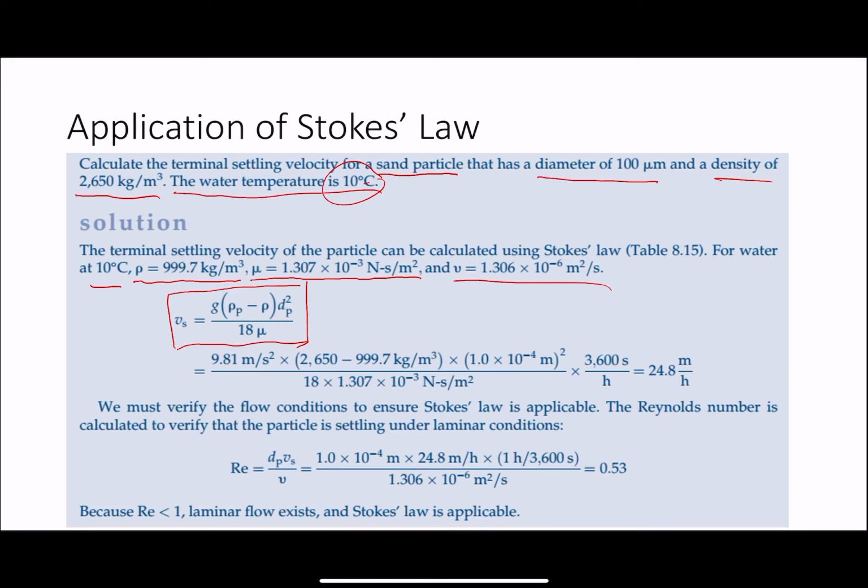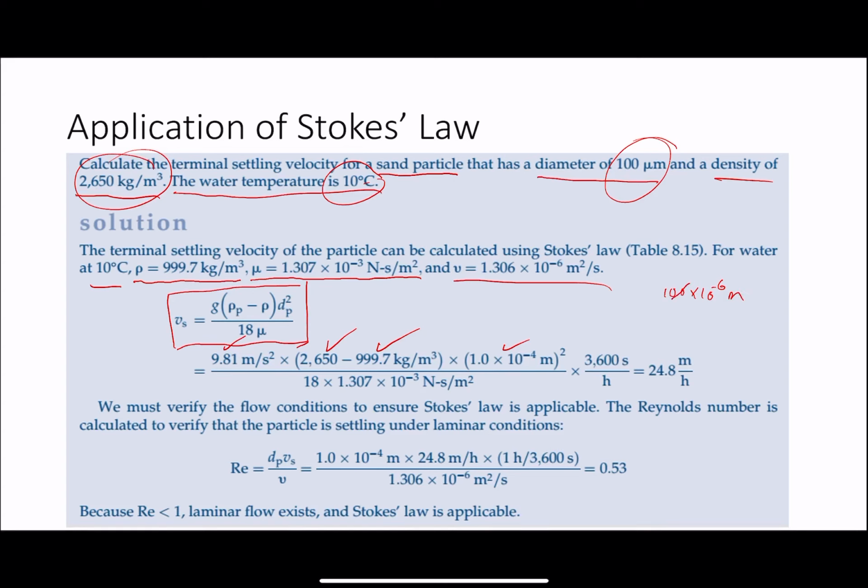Okay, so we know g, we know the density of the particle, we know the density of the water, we know the diameter of the particle. Of course, we have to put it as 100 micrometer, 100 times 10 to the minus 6 meter.